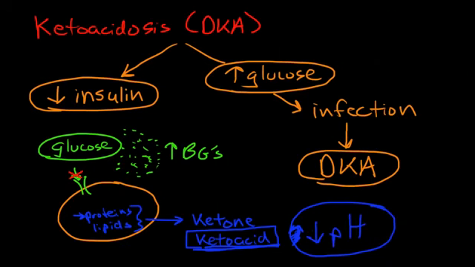So one of the other effects that I wanted to talk about as well is, remember that insulin is a regulator of the sodium-potassium pump. So without insulin, we are not pumping as much sodium-potassium into and out of the cell.